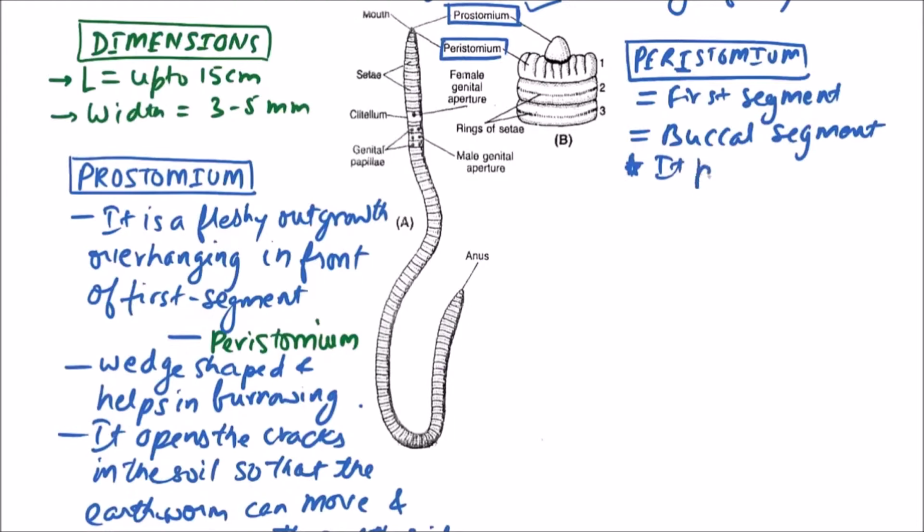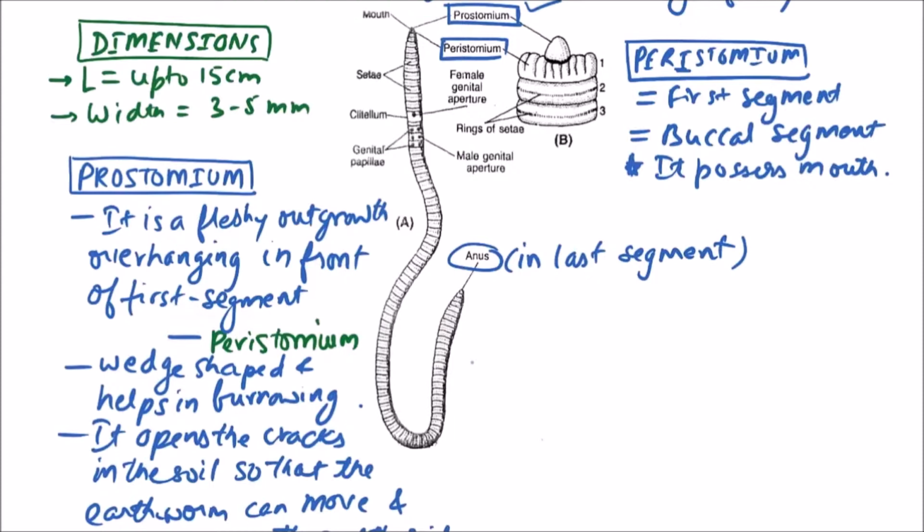It possesses mouth. Now anus is also there in the last segment. Earthworm represents a tube within tube plan, and mouth is in the first segment, that is peristomium, and anus is in the last segment.